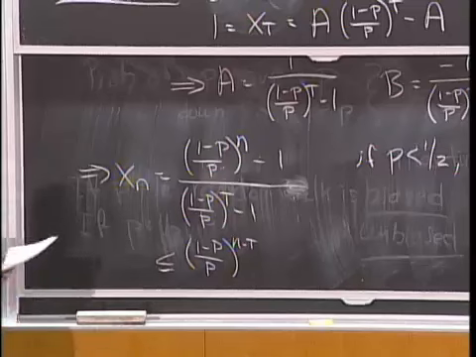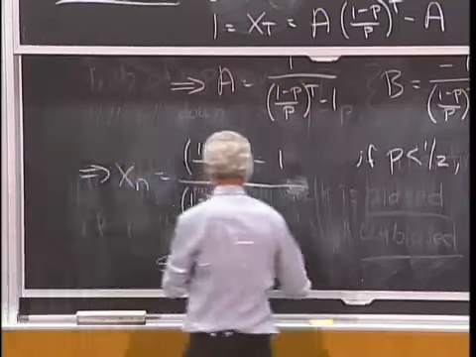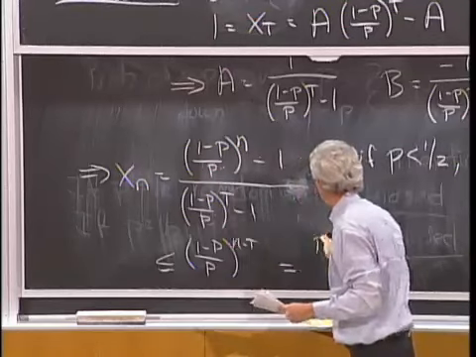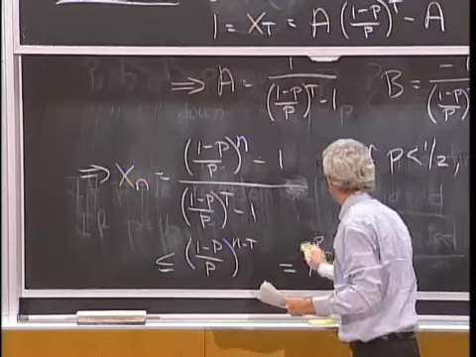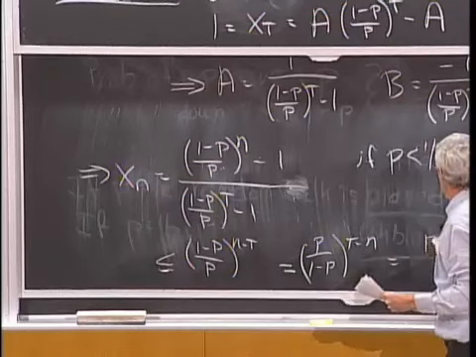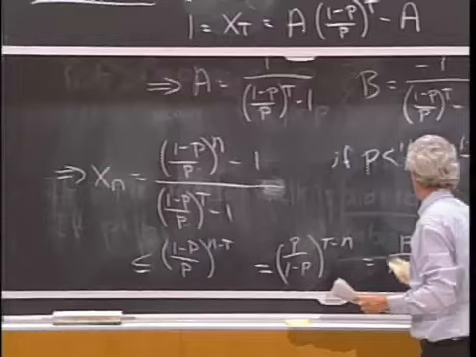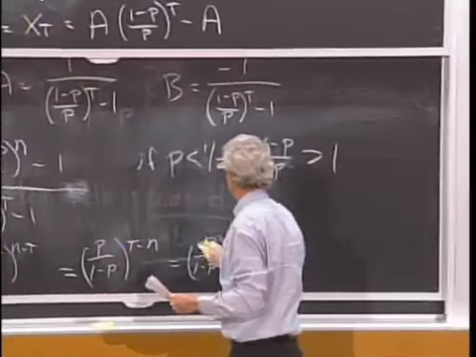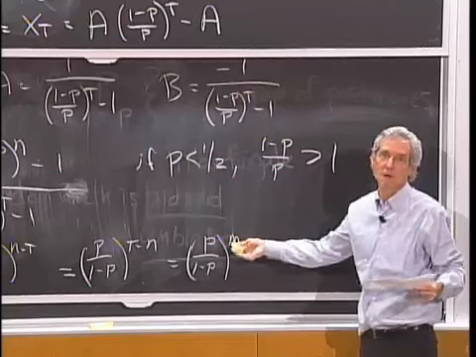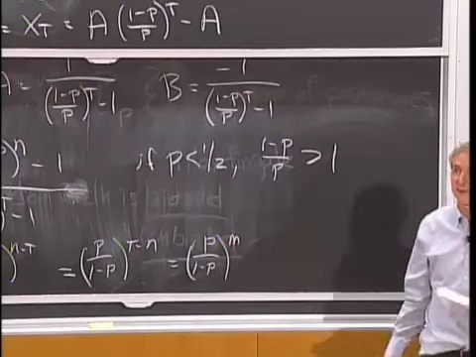And t is just n plus m. So why don't I turn it upside down, make it p over (1 minus p) to get a fraction that's less than 1, to the t minus n. And that equals (p over (1 minus p)) to the m. And this is how much you're trying to get ahead, $100 in the case of my mother-in-law, say.